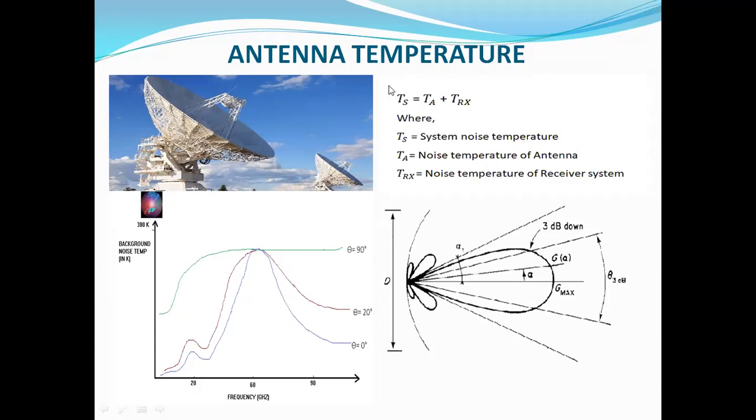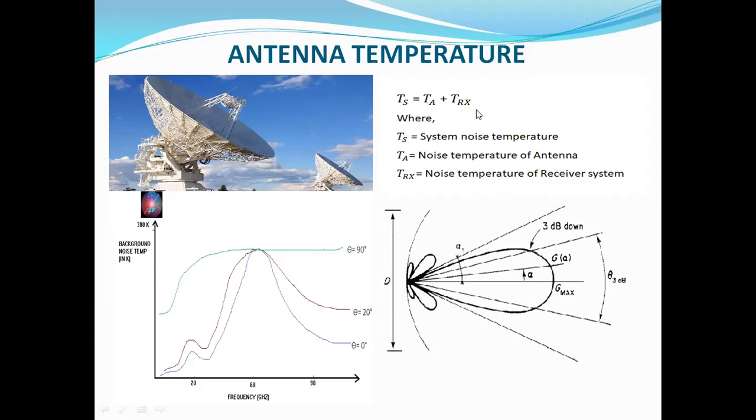So ultimately, the total noise of the system can be at the satellite end or at the Earth station. This TS is the system noise, basically the noise of the entire receiving system. Let's consider the ground station: the noise temperature of the receiving system is basically equal to the antenna noise, that means the noise temperature of the receiving antenna, plus all other accumulated receiver systems, which also introduce some noise.